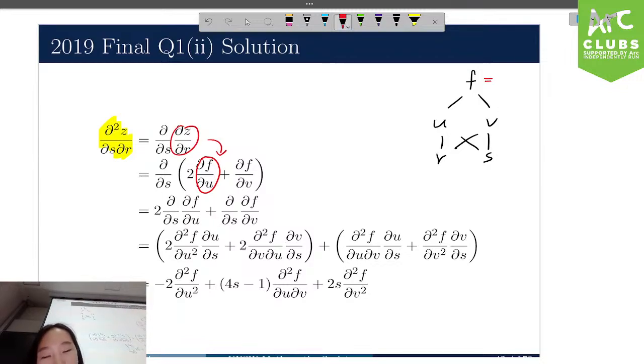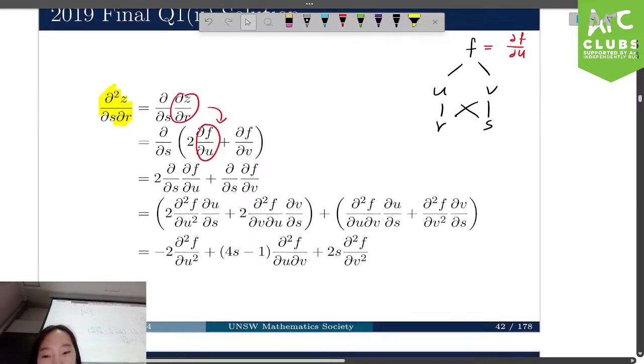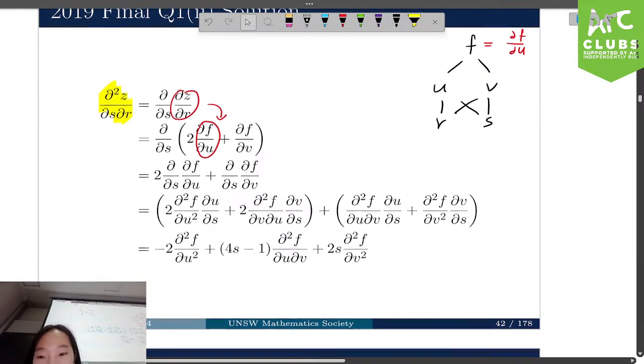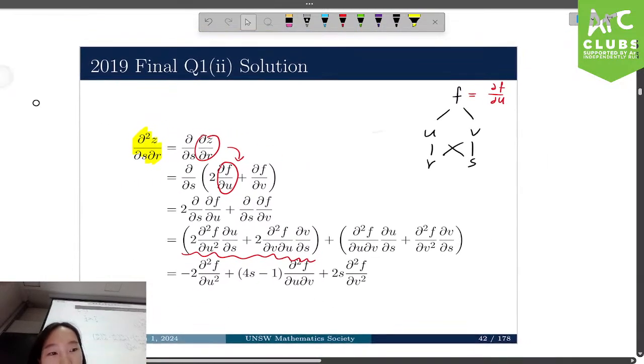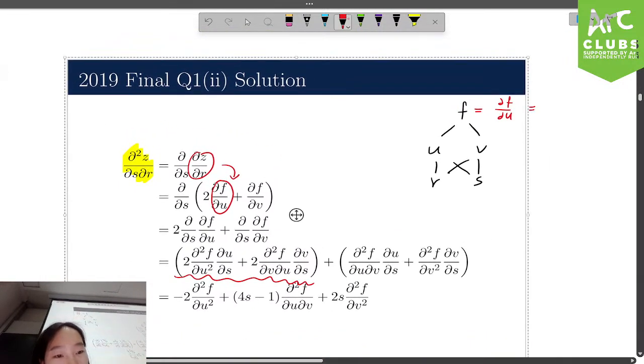So what we essentially do is replace the f over here with the partial derivative of f with respect to u. So in this scenario, we can get the following. Because we're replacing f with the partial derivative of f with respect to u, you can think of this as f_u.